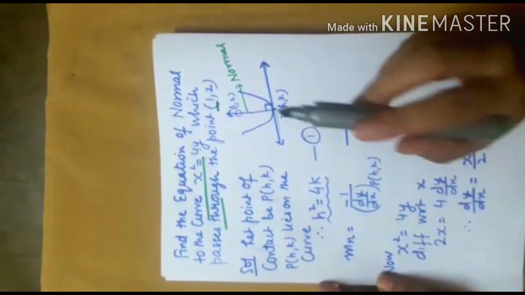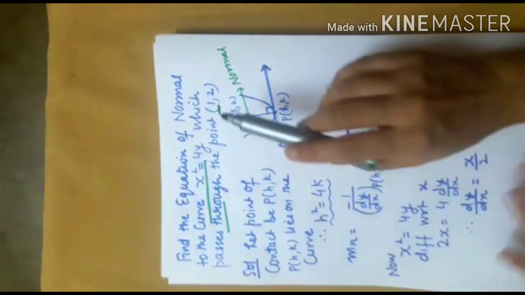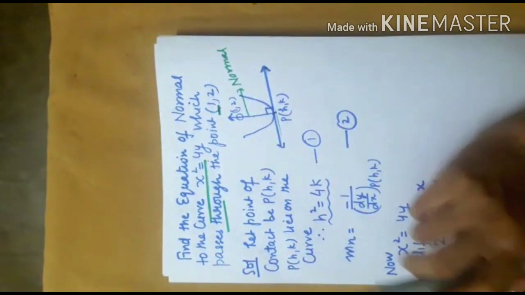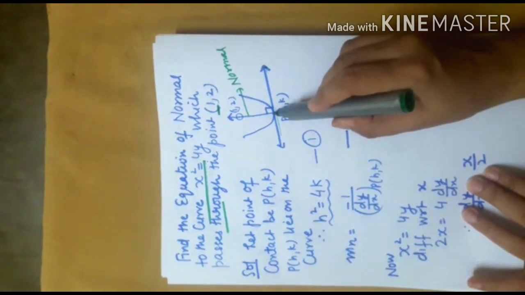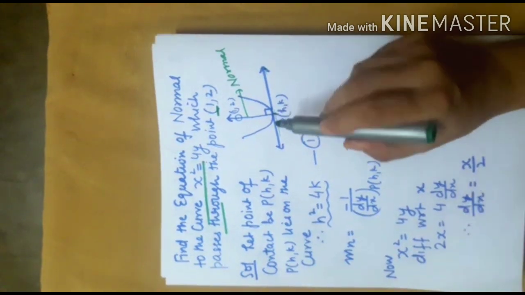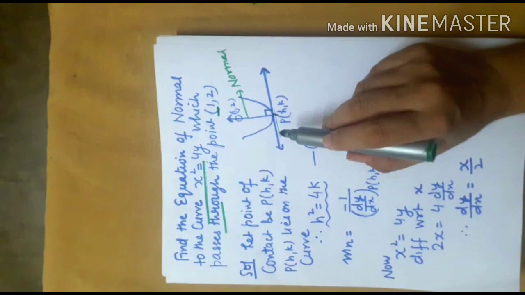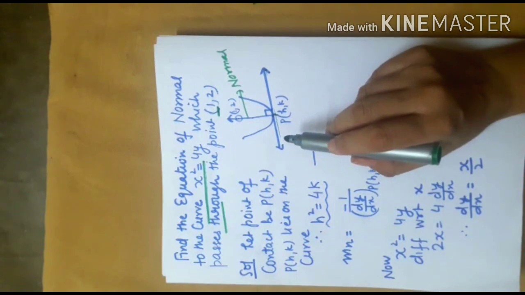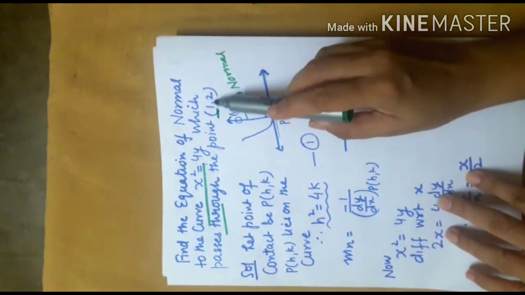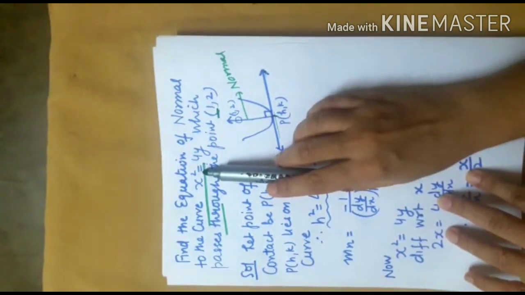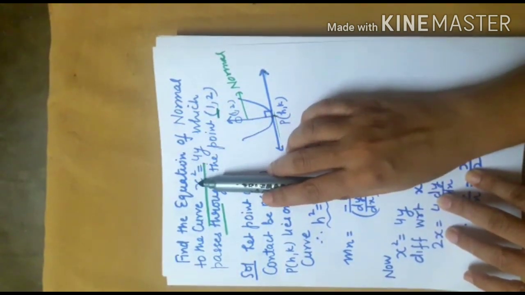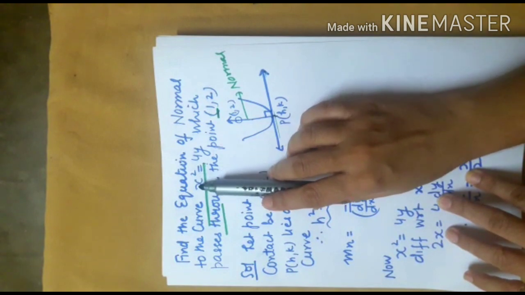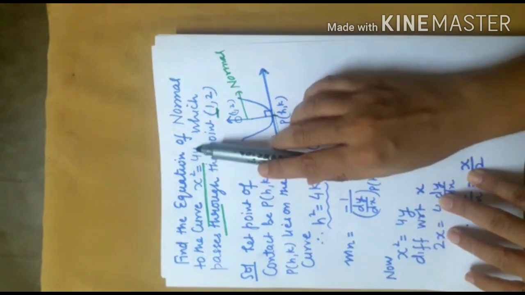Right? Now please note here, normal passes through the point (1, 2), but this (1, 2) cannot be the point of contact because point of contact also lies on the curve. But (1, 2) does not satisfy the equation of the curve, because if I put x equal to 1, left hand side will be 1 square, that is 1, right hand side will be 8.